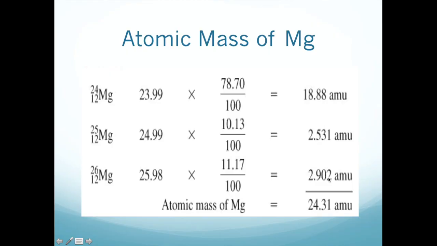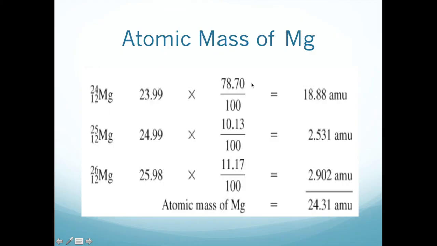So even though individual magnesium atoms have whole number mass numbers of 24, 25, or 26, the average magnesium atom would weigh 24.31 atomic mass units. Again, notice how that average is skewed towards 24, even though the mean of 24, 25, and 26 is 25.